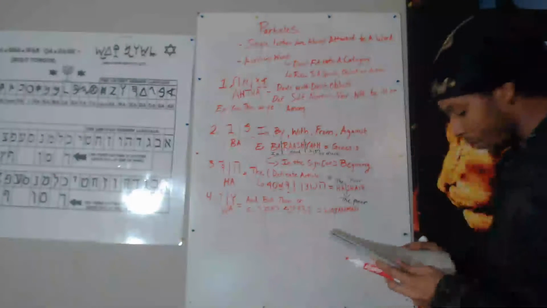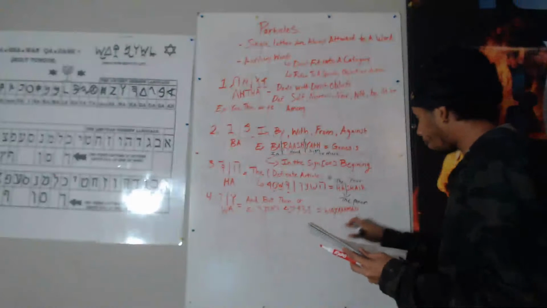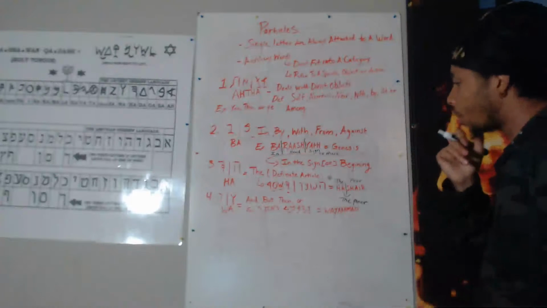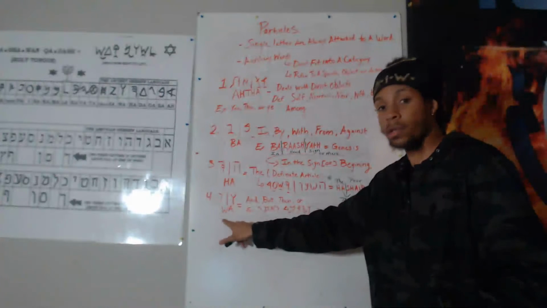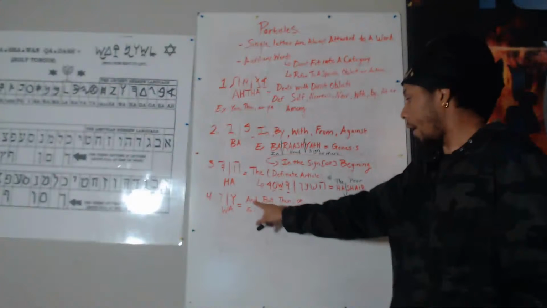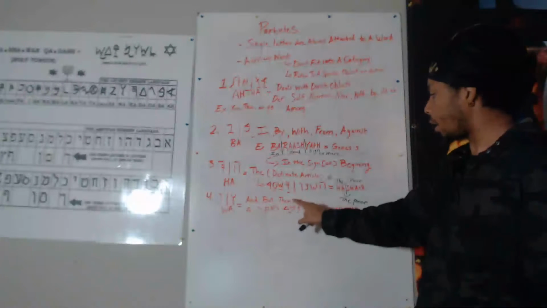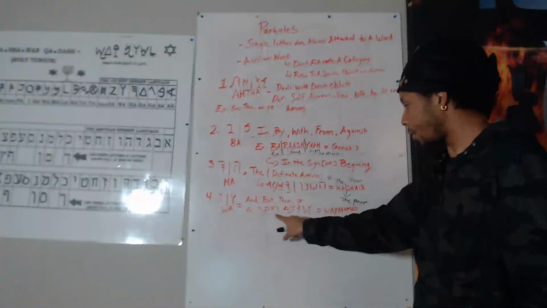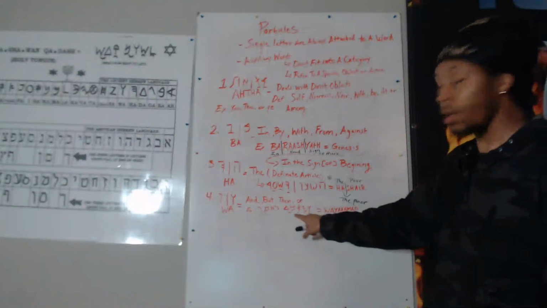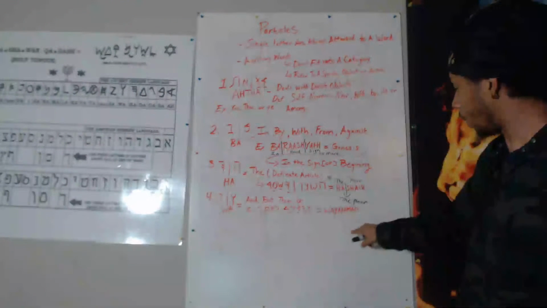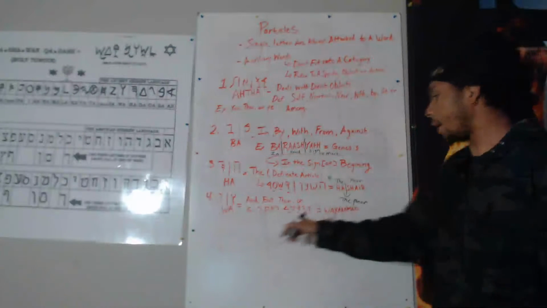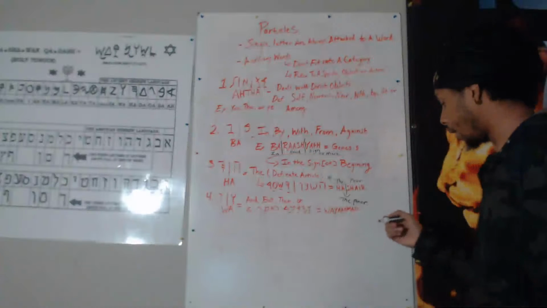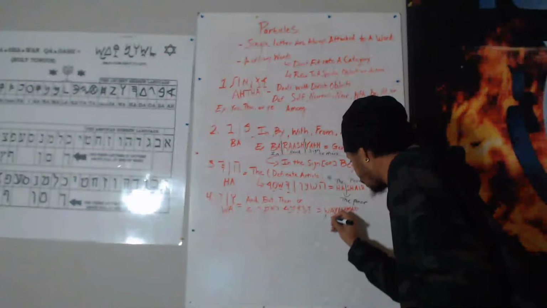All right, we have Y-A-M-A, okay? So, of course, the word number 4 is Y, which means and, but, then, or. All right? I put it in the Syriac, and I also put it in the Hebrew as well. Y-A-M-A is a clear example. I'm going to break it down.